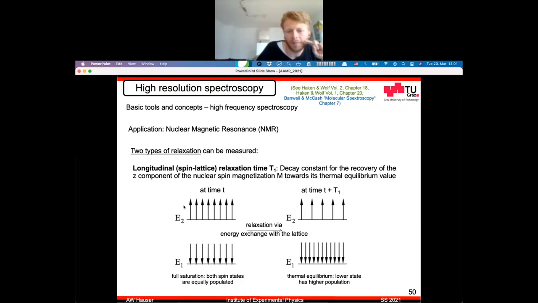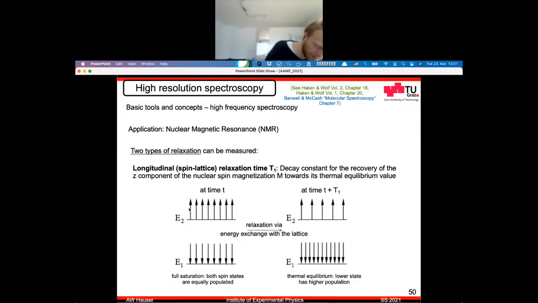So let's assume we did a continuous wave, and we have reached a situation where both states, the excited state and the ground state, are equally populated. So it's the same number of precessing dipoles in this direction and in this direction. It's a 50-50.